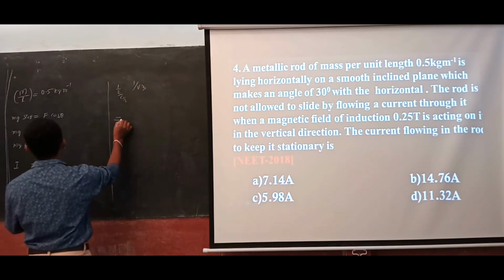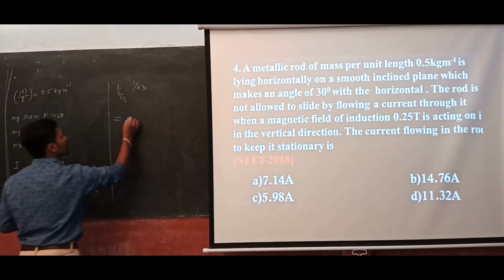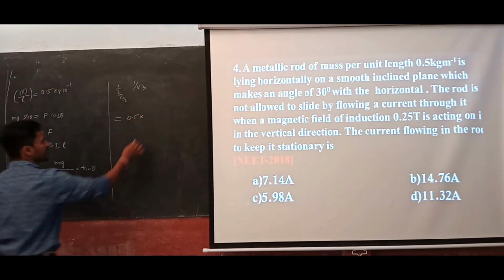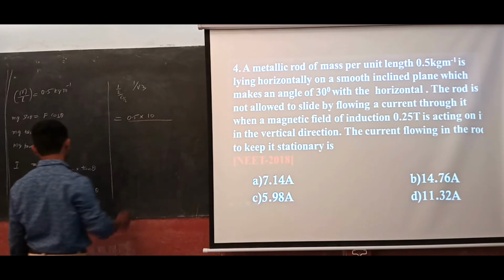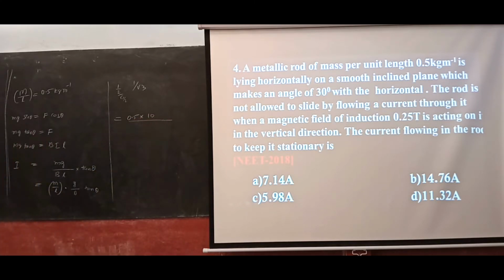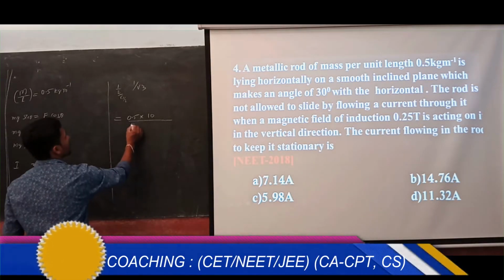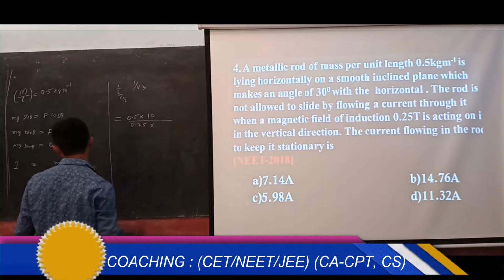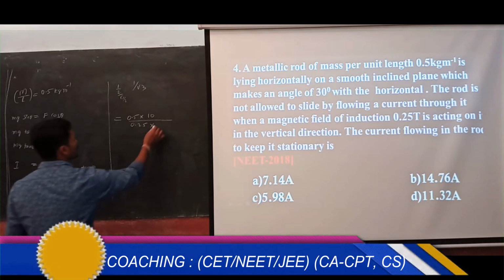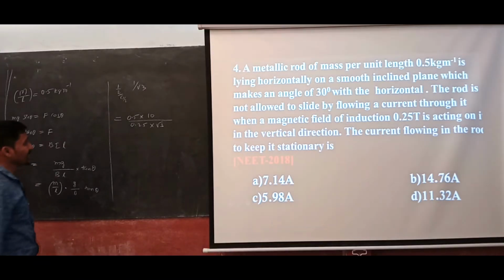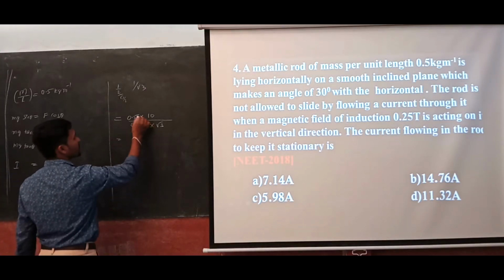Now m by L is how much? 0.5 into g, let it be 10, divided by B. B is the magnetic field and they have given it as 0.25 Tesla, into tan theta which is 1 by root 3. Root 3 is how much? 1.4 nearly.